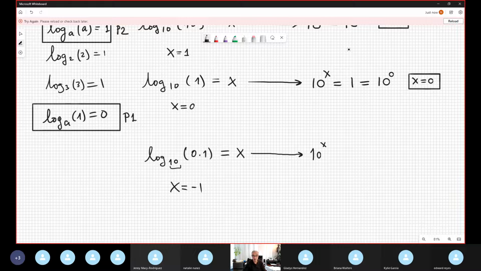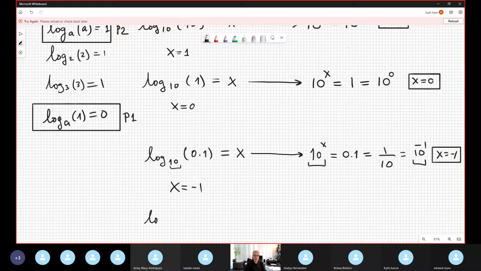The exponent is X, and it's equal to 0.1. And 0.1 in fraction is 1 over 10, and 1 over 10, the reciprocal, is 10 to the minus 1. Therefore, we have two exponentials with the same base, therefore X is -1. Cool? So you can always do it this way.